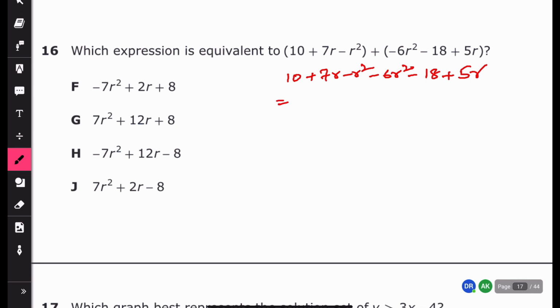Now we will take all the like terms together: 10 minus 18 plus 7r plus 5r minus r square minus 6r square. So 10 minus 18 is minus 8. Where are we getting minus 8? In these two cases, it can be H and J. Between H and J, 7r plus 5r is 12r, then minus r square minus 6r square is minus 7r square. Where are we getting this option? In H. So our correct option is H.